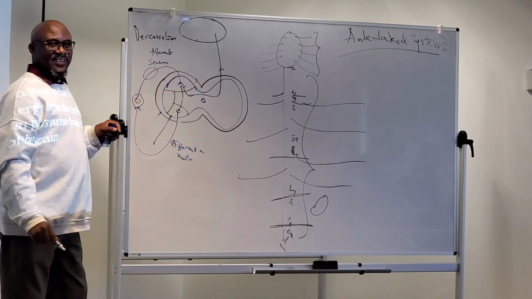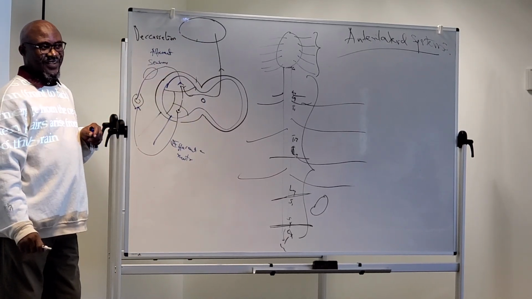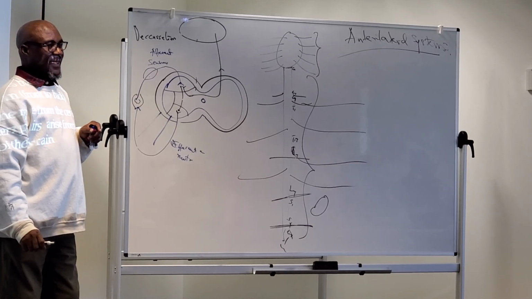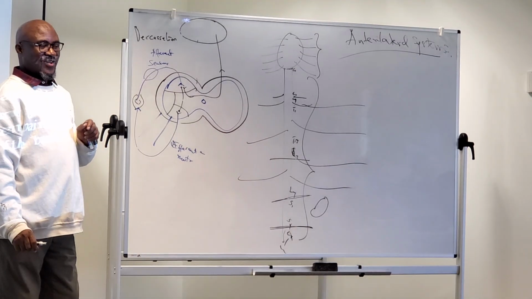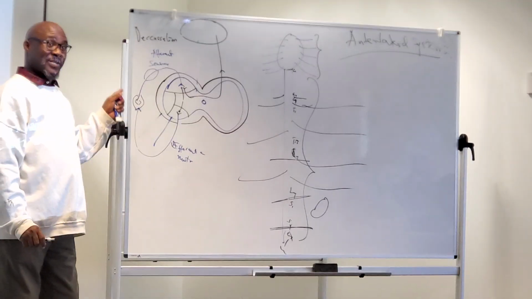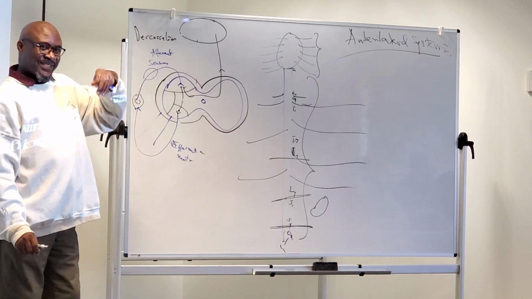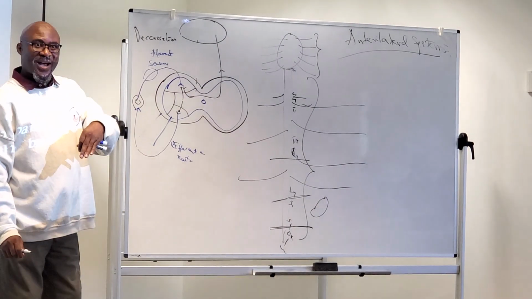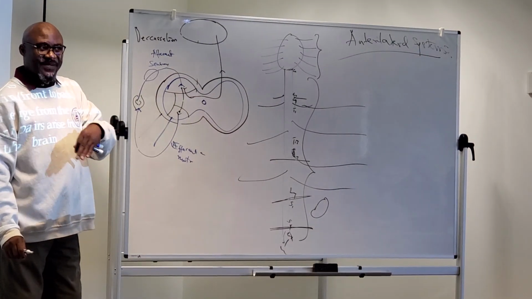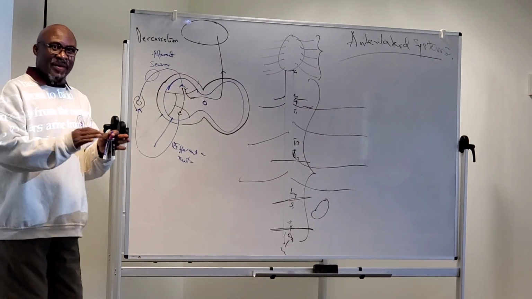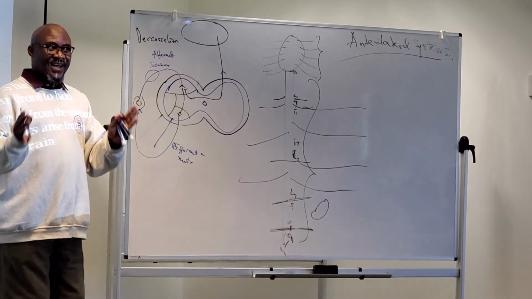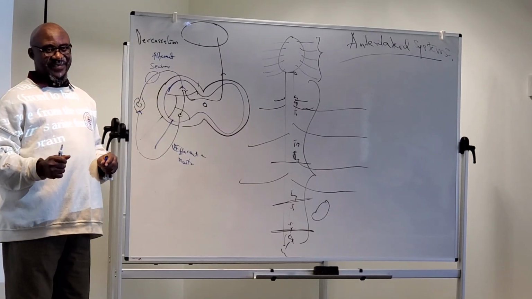Ascending tract. Sensory fibers from the organ or tissue enter the spinal cord through the dorsal root, synapse at the dorsal column, may or may not decussate, and ascend to the brain.